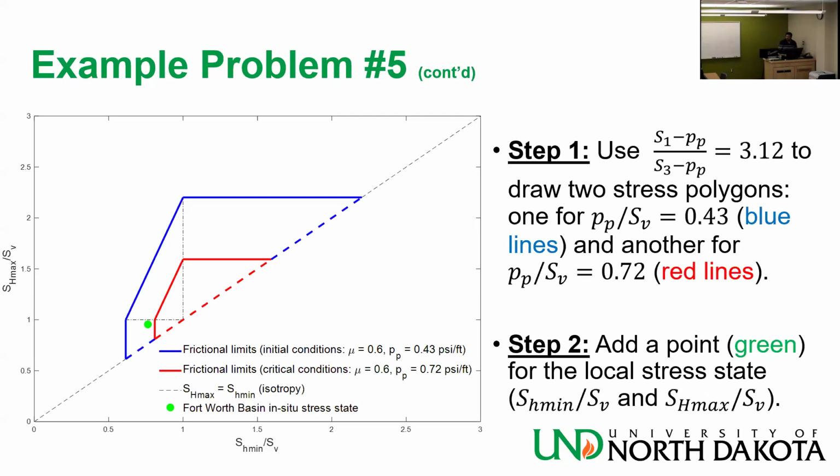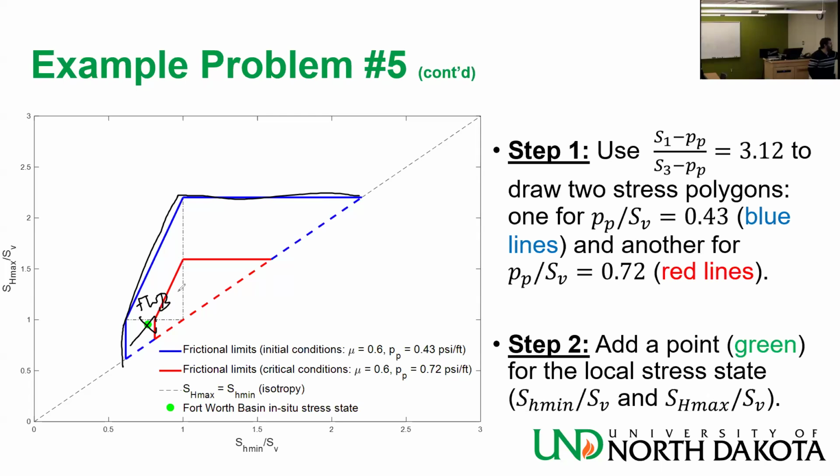Initially, at PP over SV equals 0.43, I have this polygon. My stress state, this is the Fort Worth Basin by the Barnett, basically North Dallas, North Texas.